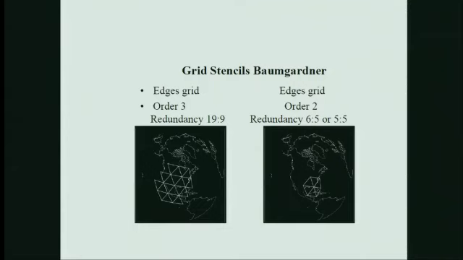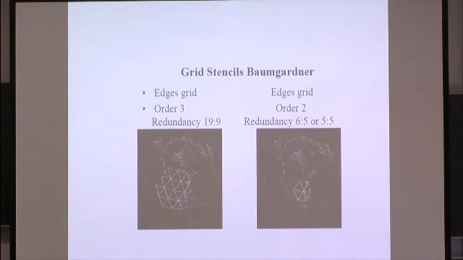So he uses a second order stencil. In this kind of hexagon, you have 7 points, and to determine a second order polynomial, you need 6. So that's done by a least squares, but you have only 1 point which you don't need. It's very efficient.